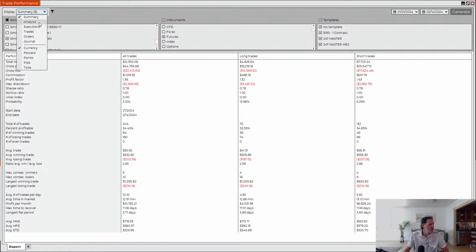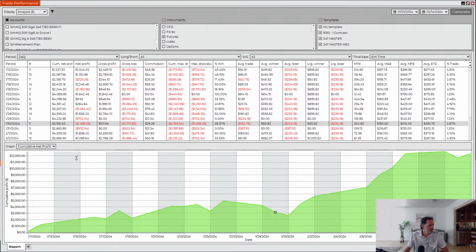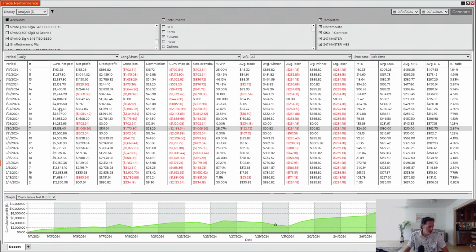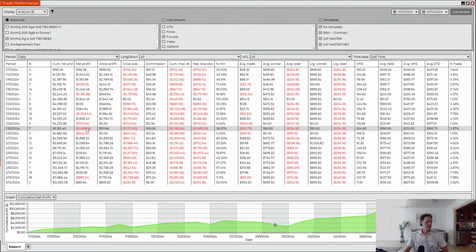Let's look at the analysis of it, because I always want to be really clear to everybody that it doesn't win every day. It might be up 12,000 bucks, but you would have had to potentially endure. Let's say today was the first day that I ran it. I lost 702 bucks today. Tomorrow I'm running it again after it just lost 700, and I'm like, phew, this is hardcore. And then I lose another 1,000.